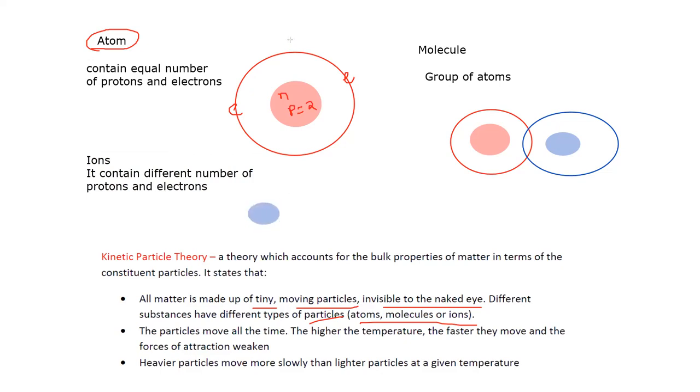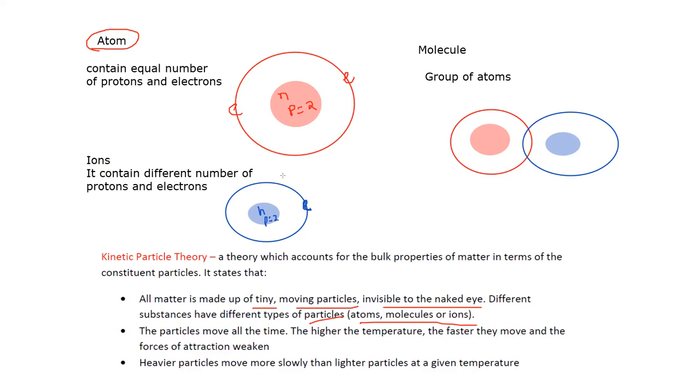So here is a nucleus. A neutron is there. For example, this contains 2 protons and only 1 electron. So this atom does not have an equal number of protons and electrons, so we call that an ion.